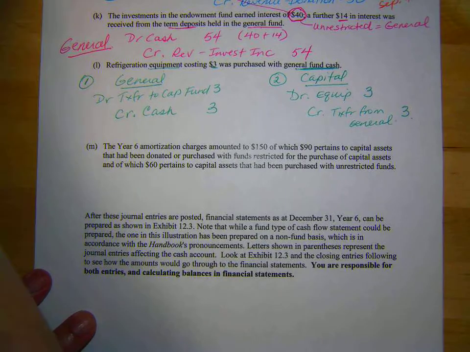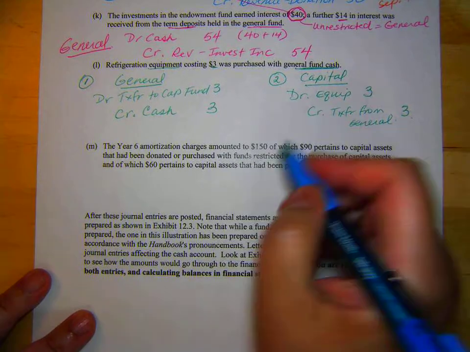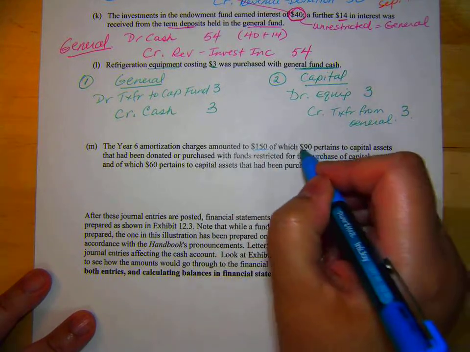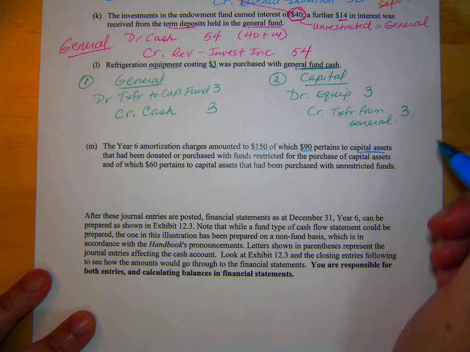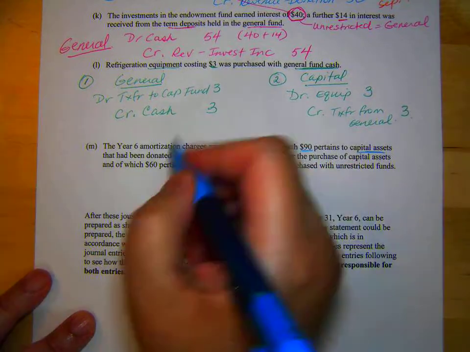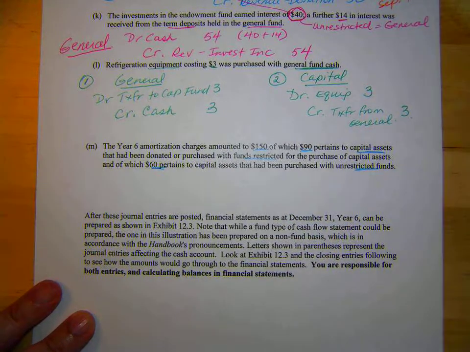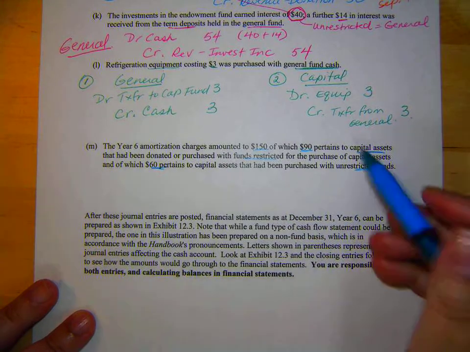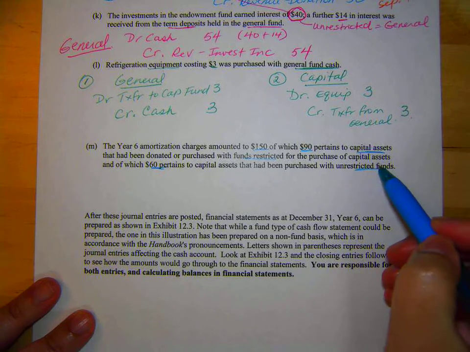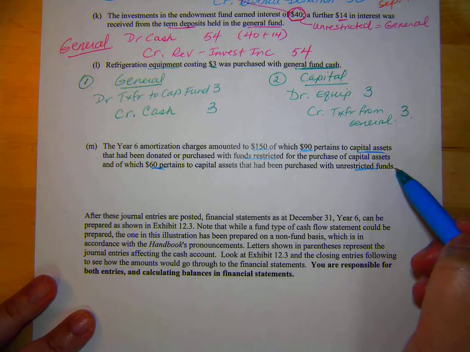So the year 6 amortization charges amounted to $150, of which 90 pertains to capital assets that were restricted, and 60 is assets that have been purchased with unrestricted funds. So, as you saw at the beginning of the question, all capital assets go into the capital fund.